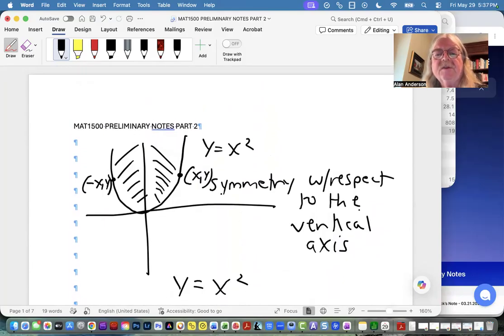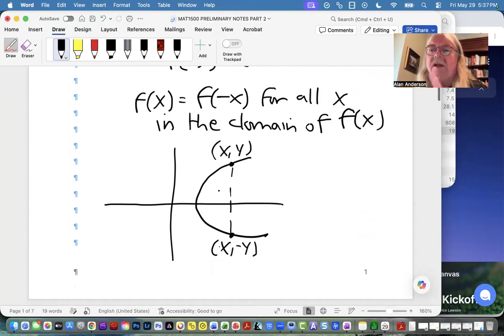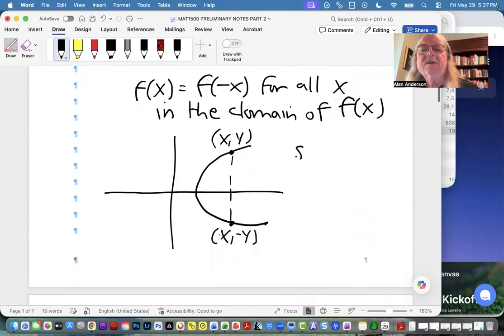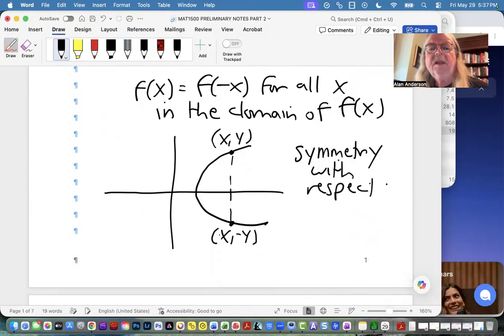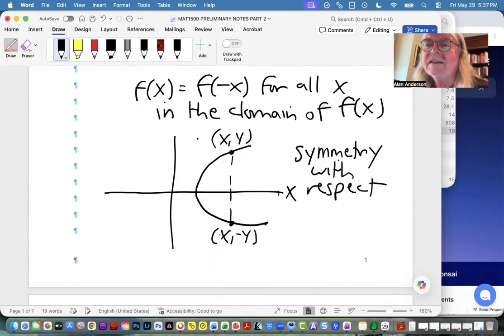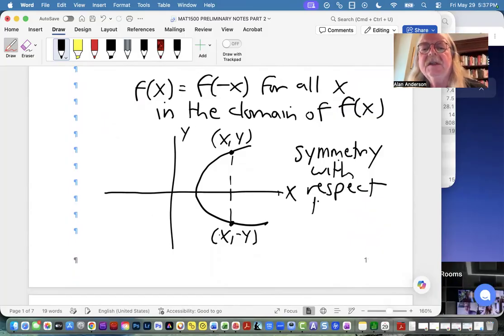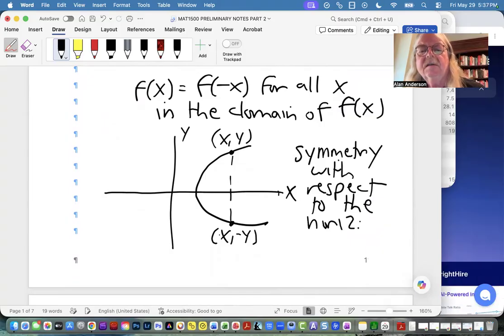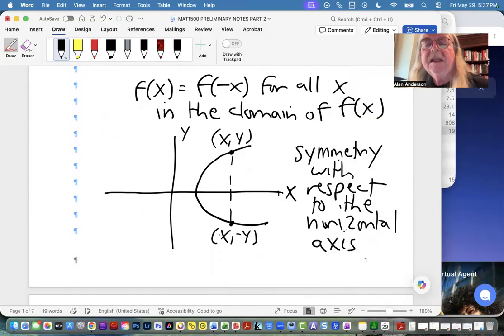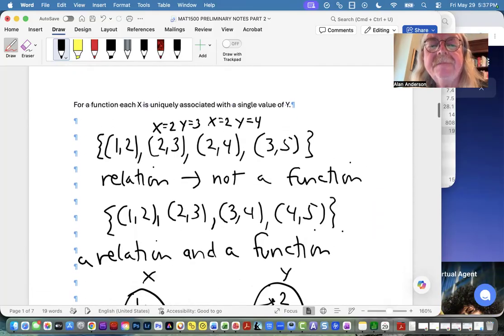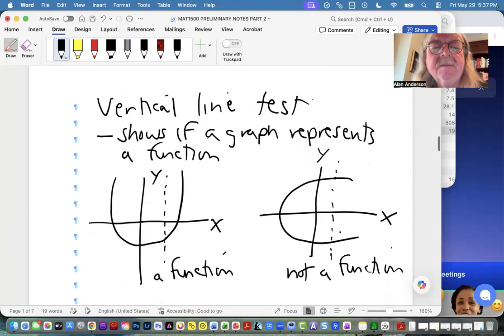this one is symmetry with respect to the vertical axis, or left to right. This is symmetry with respect to the horizontal axis, which of course is just a fancy name for the x-axis. But then there's another possibility which involves the origin.